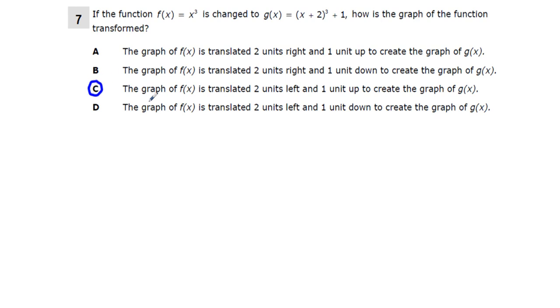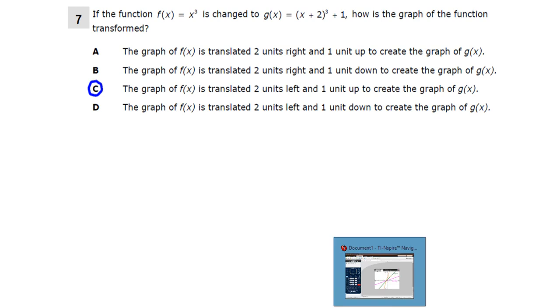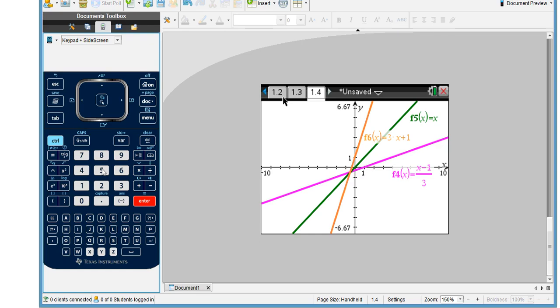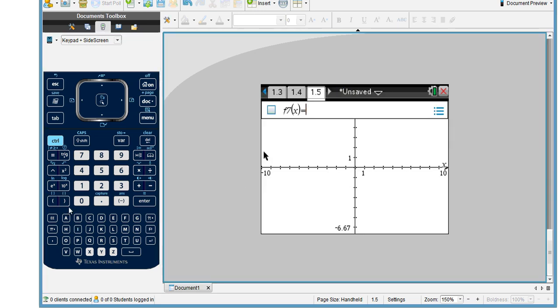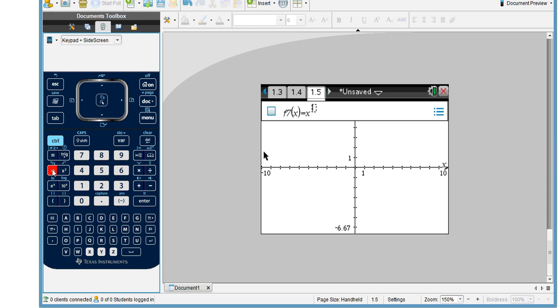And if you forget from that far back, it's been a long time perhaps since we've gone over this. So if you just graph these in a calculator, we go ahead and put a graph here. We put an x cubed. And so that's going to be our original function.